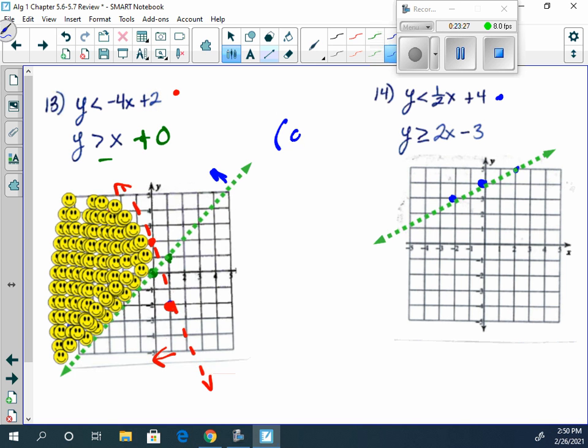We can check the point 0, 0. So 0 is less than 1/2 times 0 plus 4. Is 0 less than 4? So we would shade towards the point 0, 0. We would shade below the line.